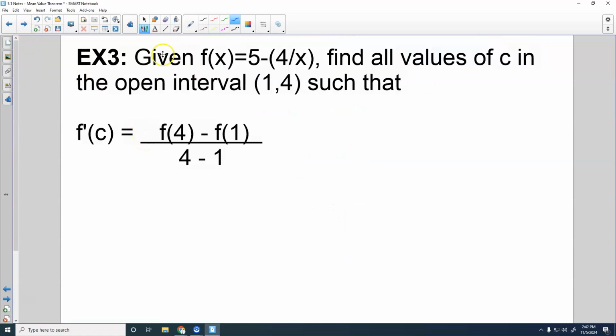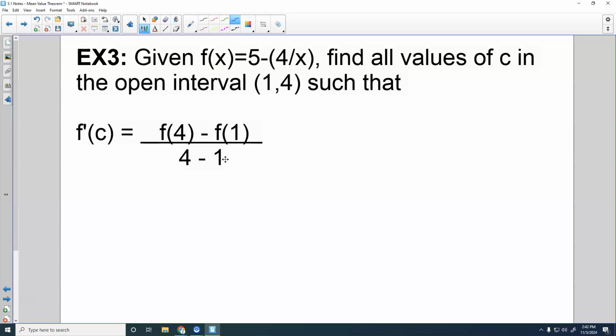All right. So, given f of x equals 5 minus 4 over x, find all values of c in the open interval from 1 to 4 such that f prime of c equals f of 4 minus f of 1 over 4 minus 1. Now, this particular problem says nothing about the mean value theorem, right?